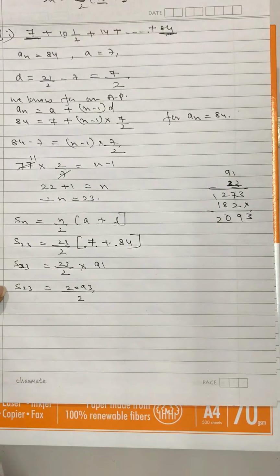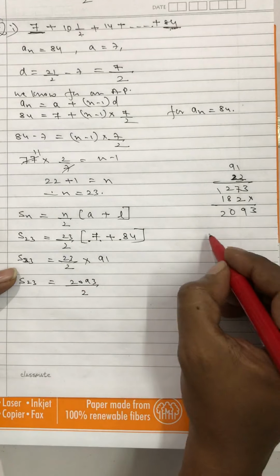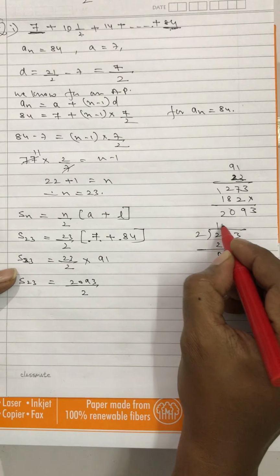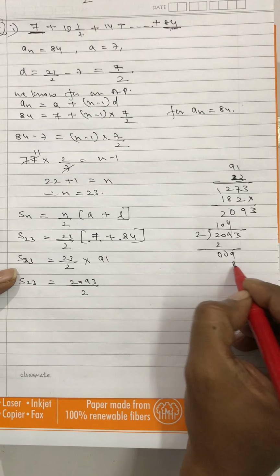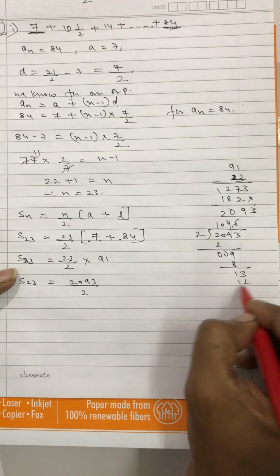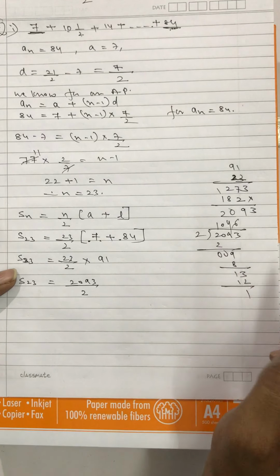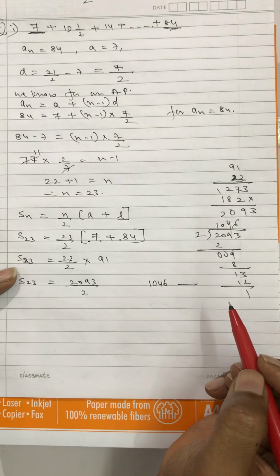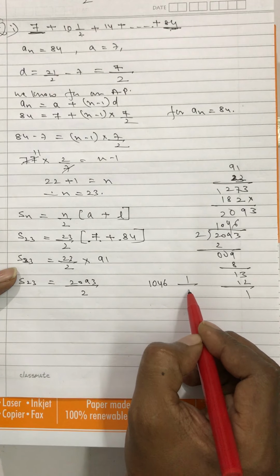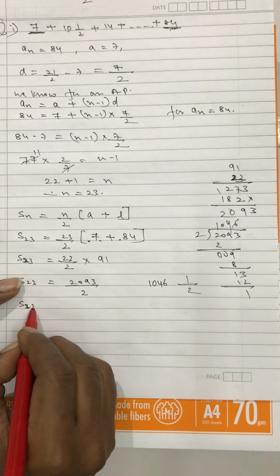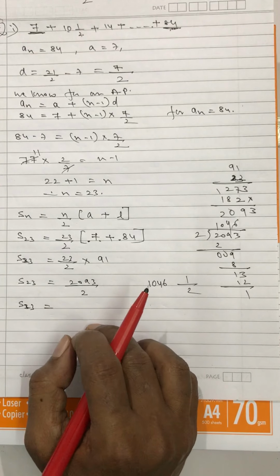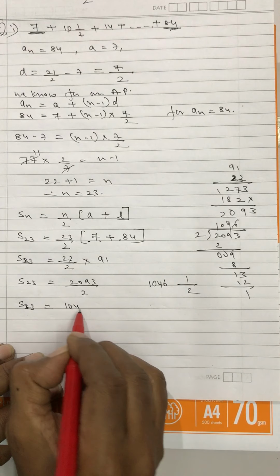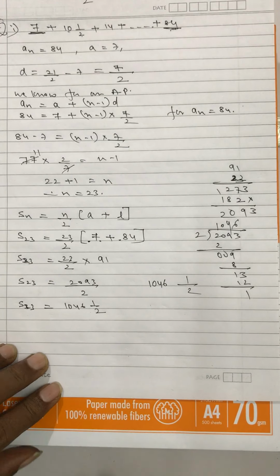Upon 2, so you can write it in that form. This will be 1046 into 1 upon 2. You can write it in this form, or you can write it in this form. Anything will do.